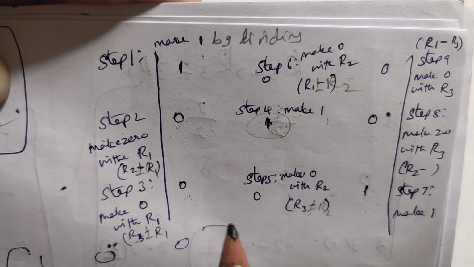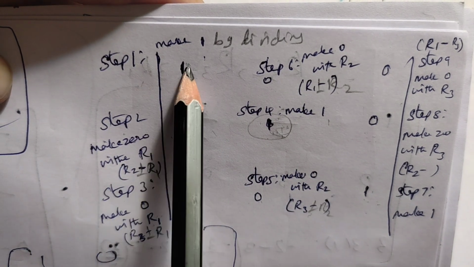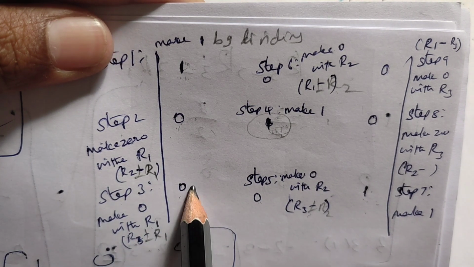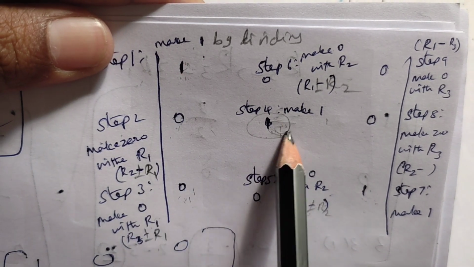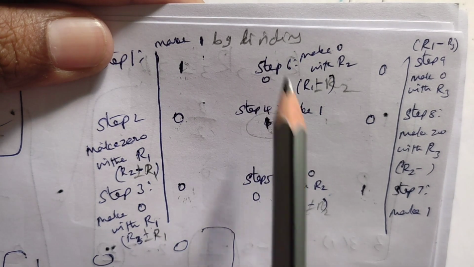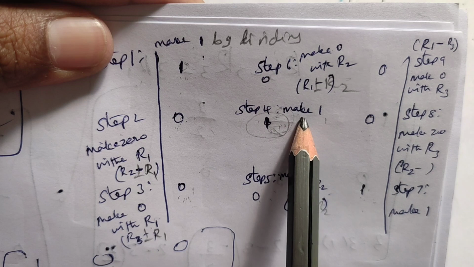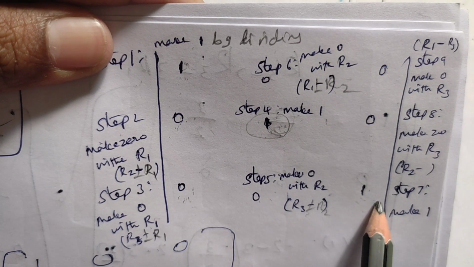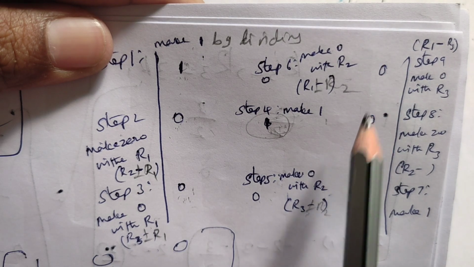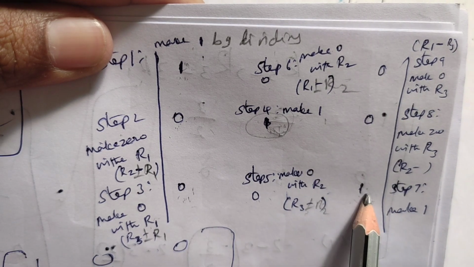So these are the steps to be followed. In the first, make this 1 and make these two elements 0 with the help of R1. Next, make this element 1 and make these two elements 0 with the help of R2. And make this element 1 and make the other two elements 0 with the help of R3.